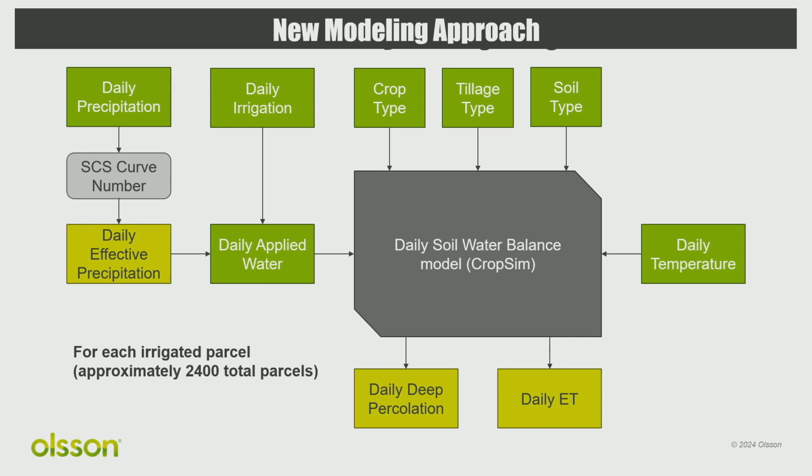We always did the effective precipitation using the SCS curve number method, but we'll do that ahead of the soil water balance modeling. From that, we'll be able to compute the deep percolation and produce that computation of ET.